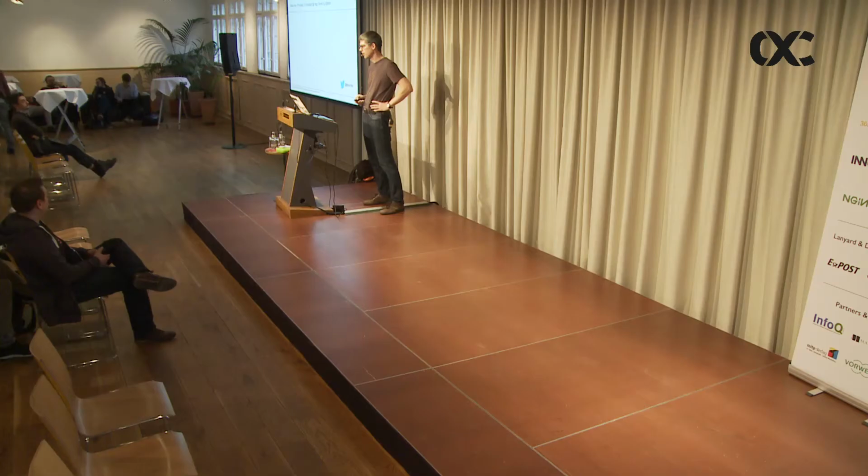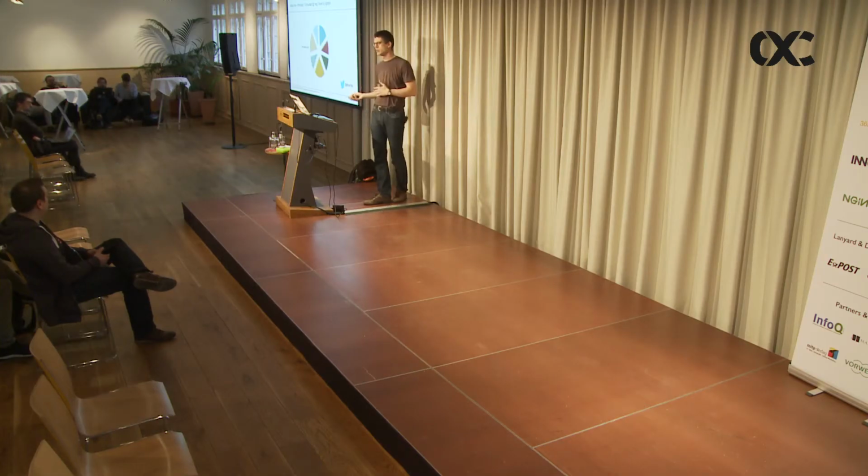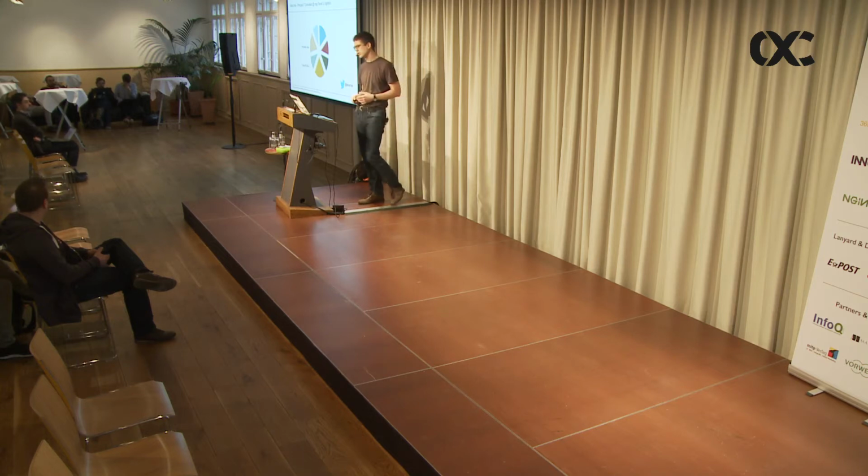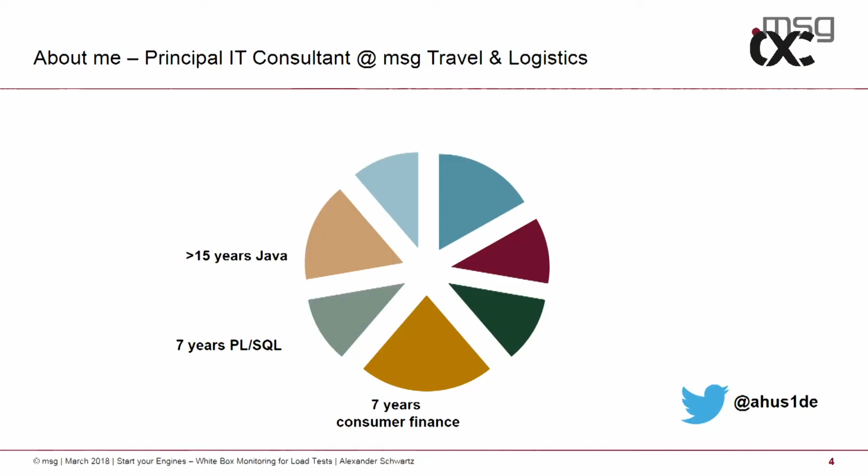All right. Good. Well, I'm an IT consultant working at MSG. I'm a developer. I do code, but I also enable teams to actually be productive, to deliver great software. Actually, I've been in the Java world for more than 15 years now. Been doing other programming languages like PL/SQL at some point.